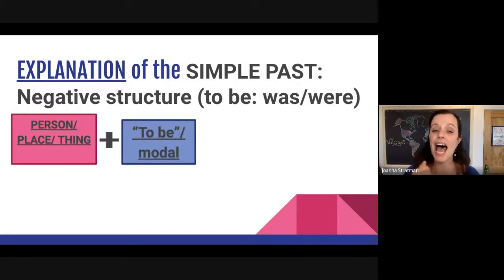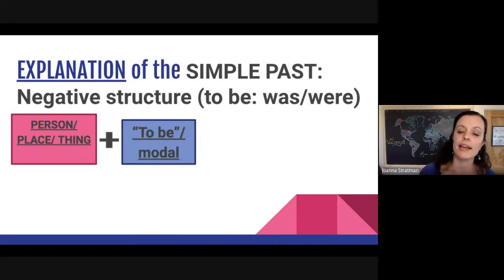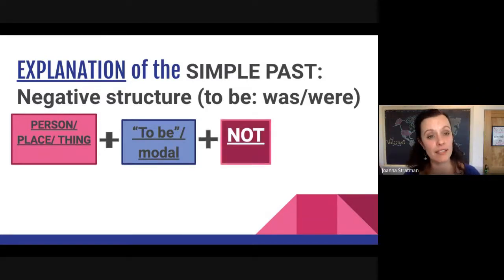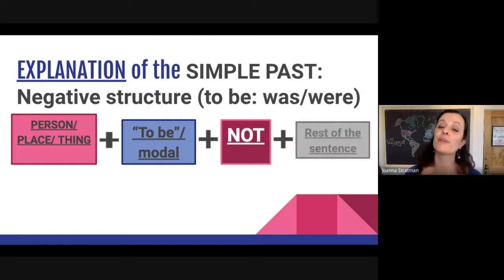And in the past, we use was or were for the verb to be. I was, but you were. Then we have not, and then the rest of our sentence.